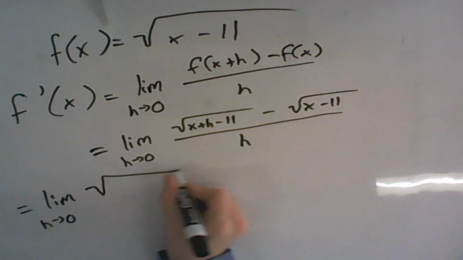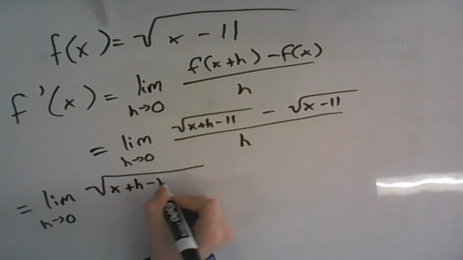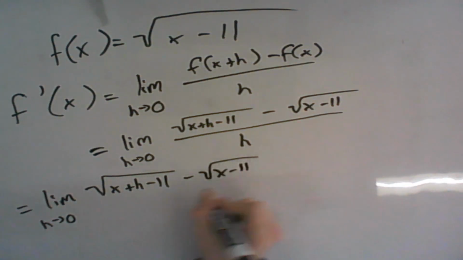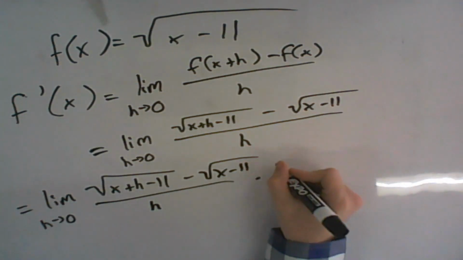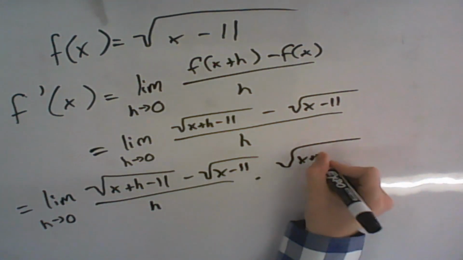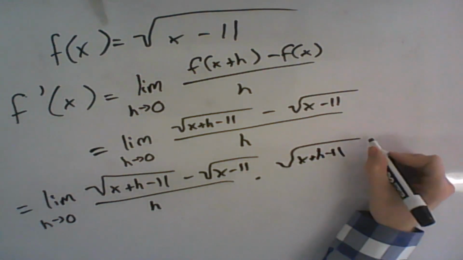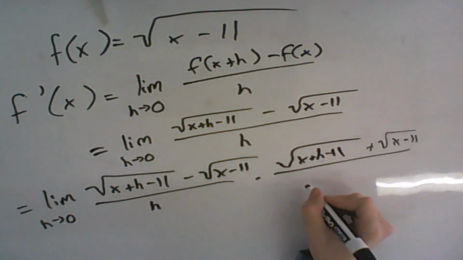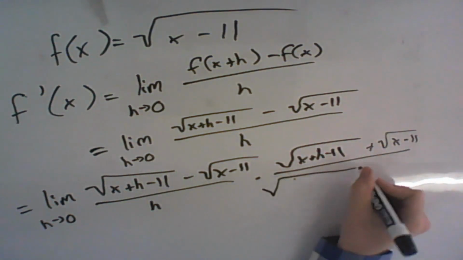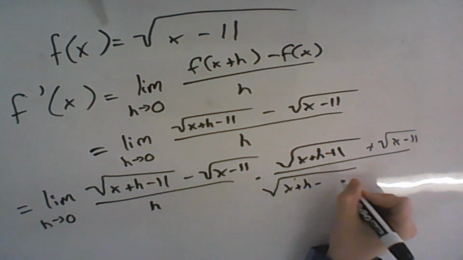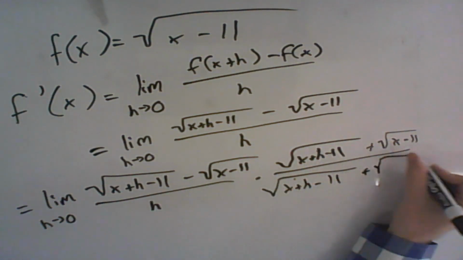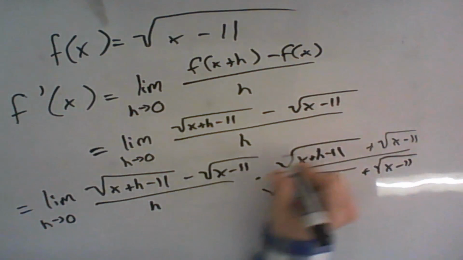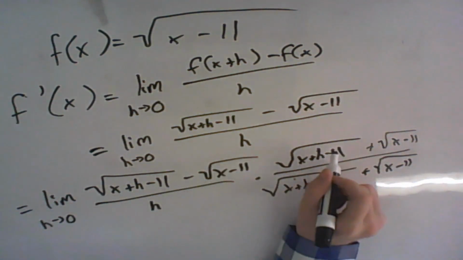So we get the square root of x plus h minus 11, minus the square root of x minus 11, over h, times the conjugate: the square root of x plus h minus 11, plus the square root of x minus 11, over the square root of x plus h minus 11 plus the square root of x minus 11. We're rationalizing the numerator here.